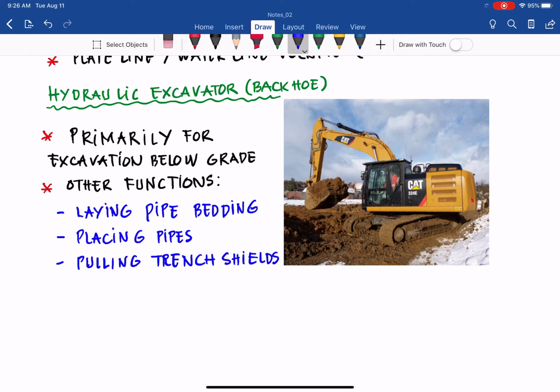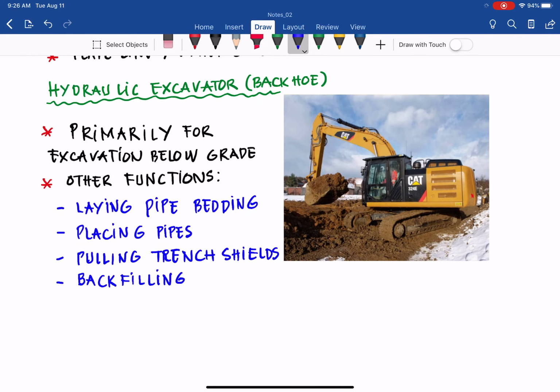After finishing, we can pull that out. We can use the excavator, and of course we can also use the excavator for backfilling. After excavation finishes on the construction work, we can fill the material back in with the excavator.